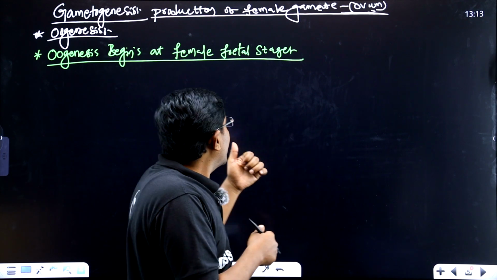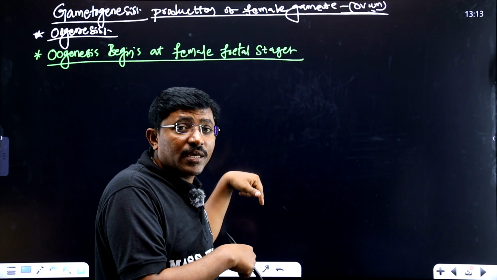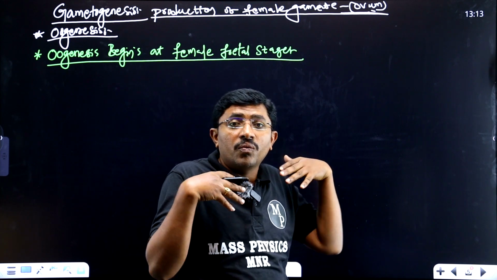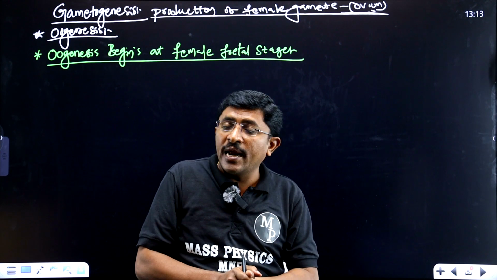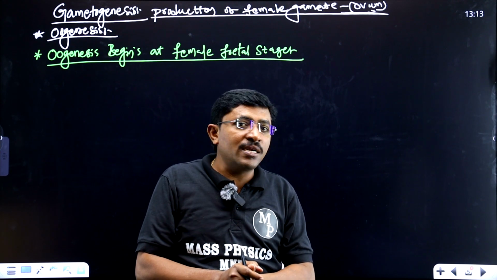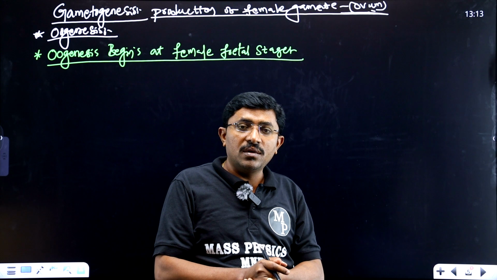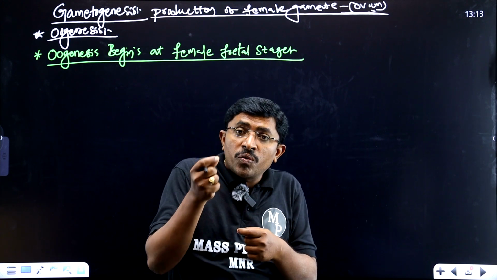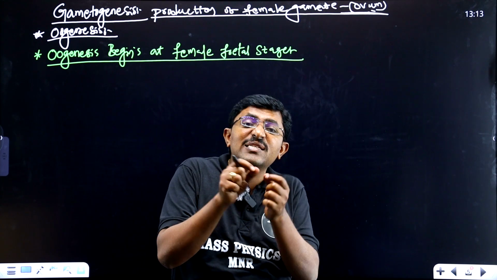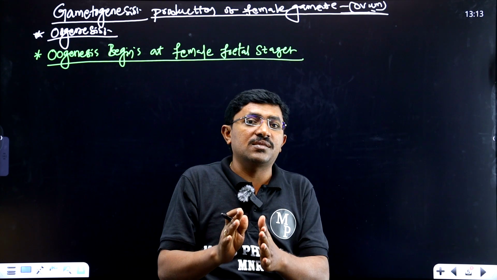But when the female is in the fetal stage, how can the female fetus's anterior pituitary produce its own gonadotrophins? It is not possible. Then without its own gonadotrophins, how can the ovaries of this female fetus be stimulated to initiate oogenesis?